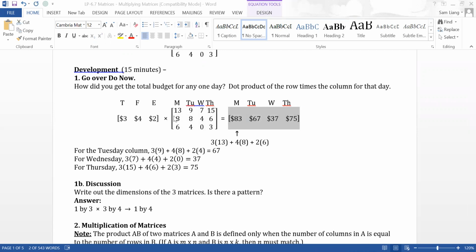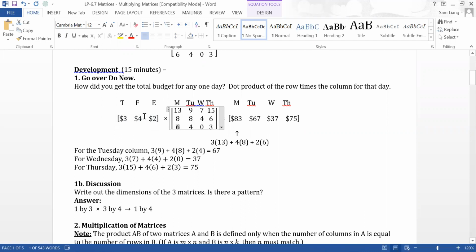The person or group of people used 13 units of travel, and then $4 for a food cost, and this 8 represents they purchased 8 units of that food, and then $2 for the extra costs, and then 6 units of that extra cost were consumed. So that would be 6 times 2. And you do the same thing for Tuesday and Wednesday and Thursday.